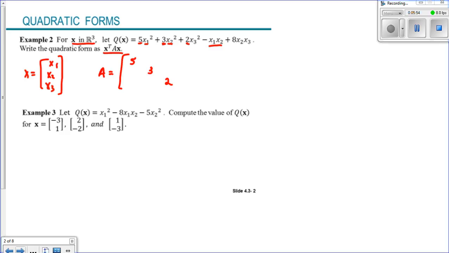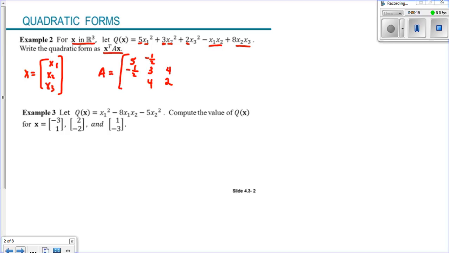Because we want it to be a symmetric matrix, we're going to split that in half. So I'm going to put a minus 1/2 in row 1, column 2, and a minus 1/2 in row 2, column 1. Now this entry, row 2, column 3, will be half of that. So we're going to put 4 here, and then in row 3, column 2, we're going to put a 4 here.